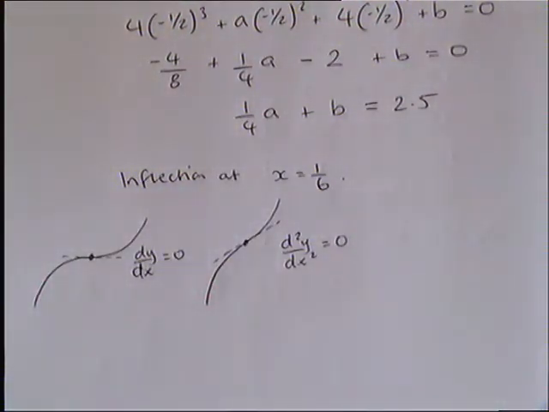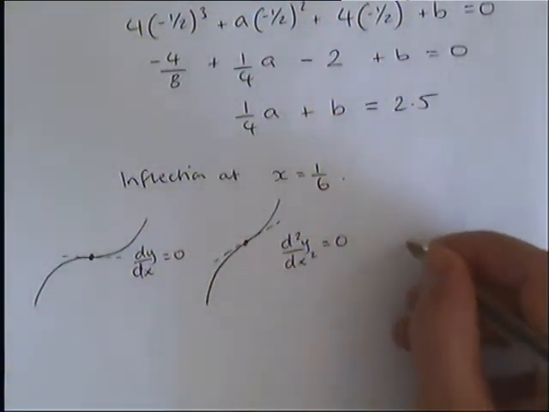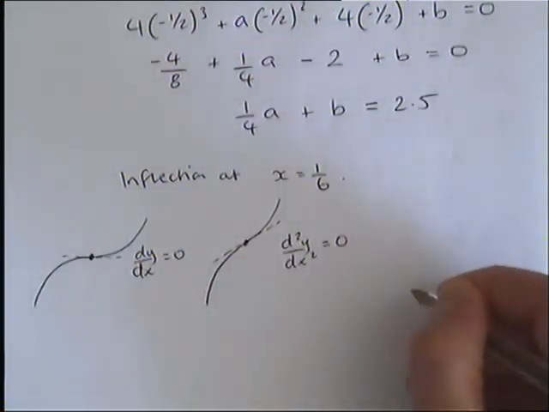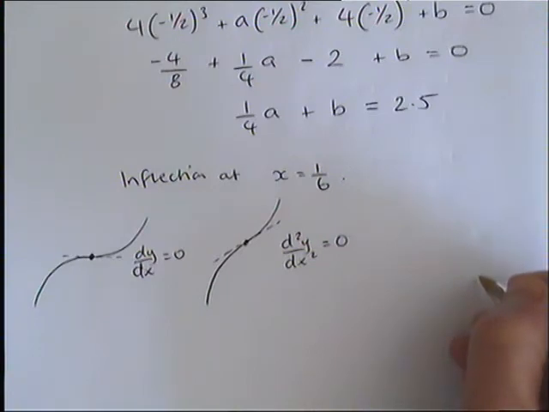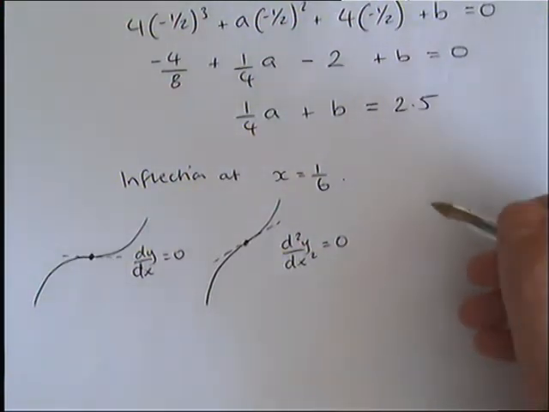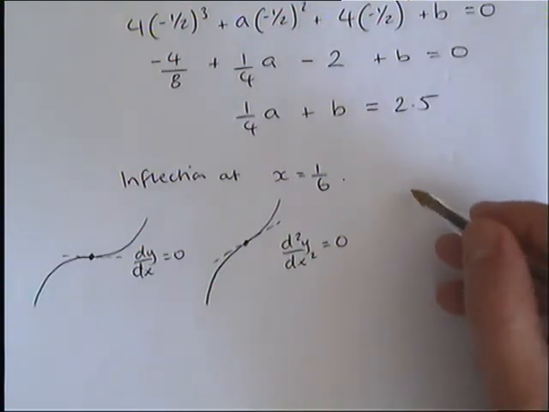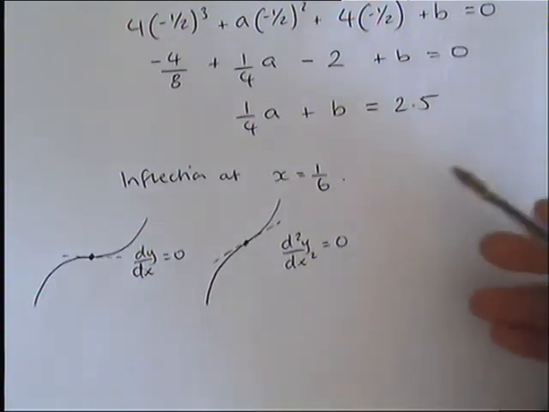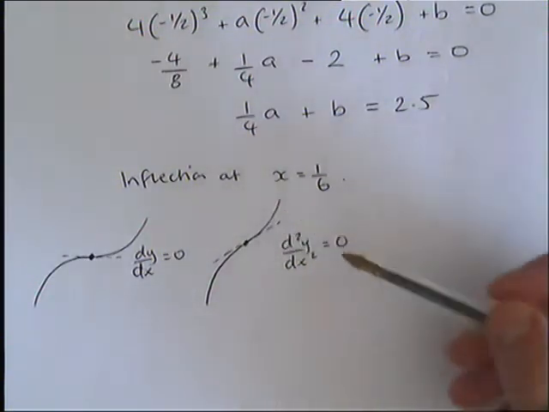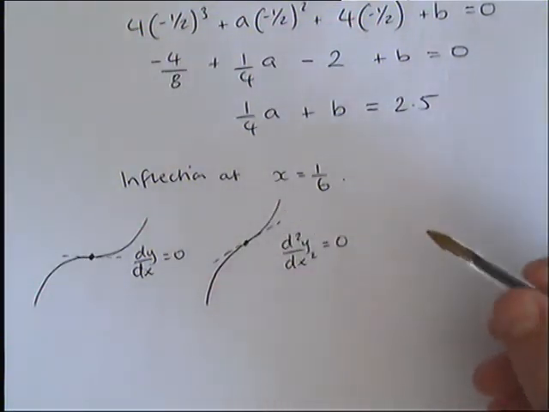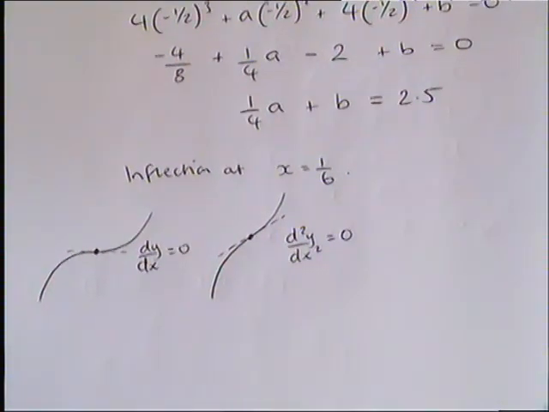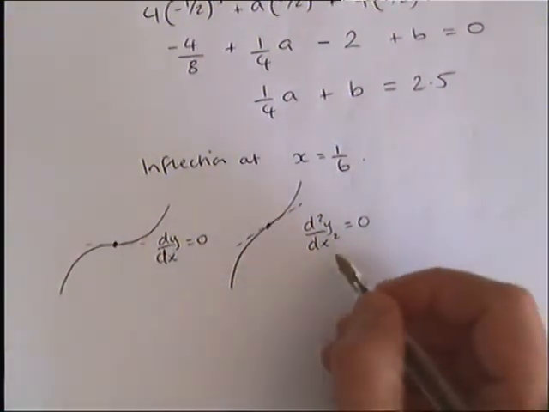Remember that if your second derivative is negative, then you've got a continually curving downwards graph, so you get a maximum point. If your second derivative is positive, then you get a curving upwards graph, a minimum. But for a point of inflection, the second derivative equals 0. Okay, so that's the information I'm going to use.